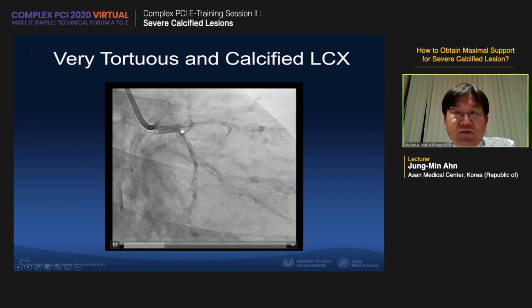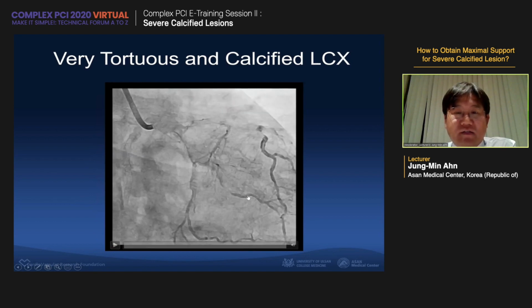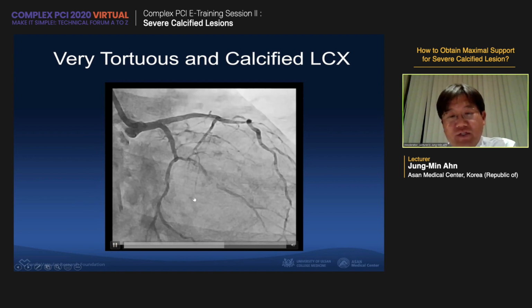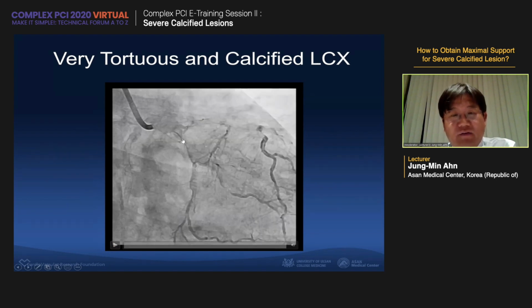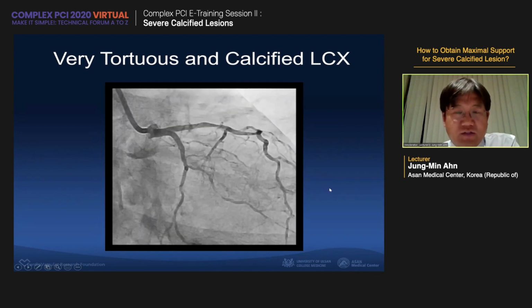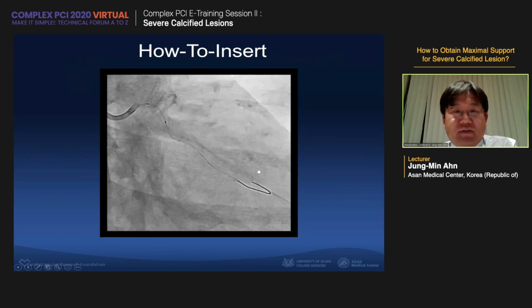In a very tortuous and calcified lesion, we wanted to treat the OM branch, but the lesion was very calcified and very tortuous, so we needed a stronger guiding catheter, stronger catheter backup.